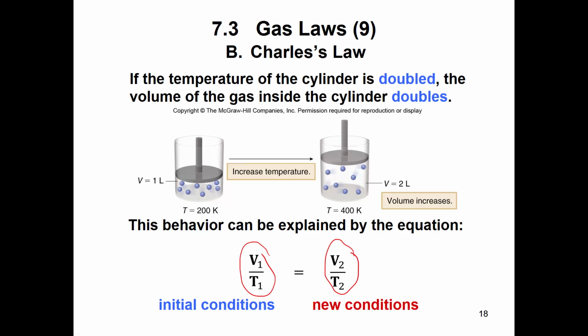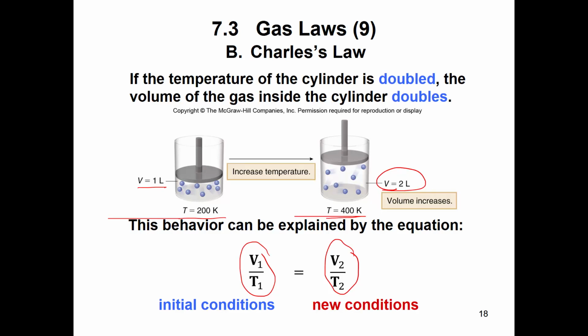So in Charles' law, if we start out with 1 liter of volume at a temperature of 200 Kelvin, if we increase that temperature, we double it to 400 Kelvin, we are also going to increase our volume to 2 liters. And so again, you see this constant relationship between the two conditions.